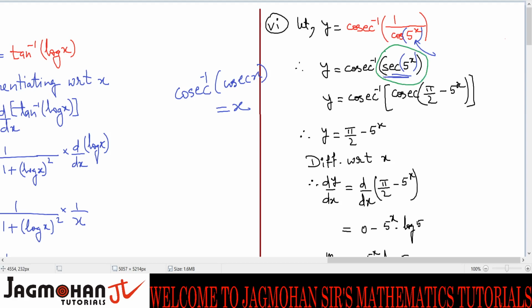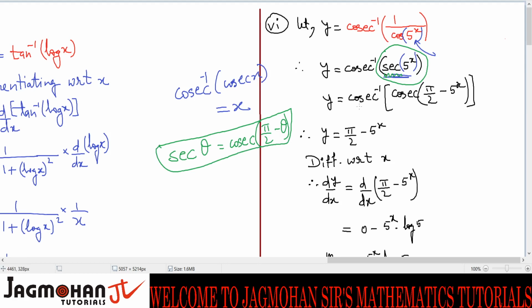Now how do I convert this sec trigonometric function into cosec? We know sec theta is cosec of pi by 2 minus theta. This is the allied angle formula. Sec theta is cosec pi by 2 minus theta. So here sec 5 raised to x, I wrote as cosec pi by 2 minus 5 raised to x.